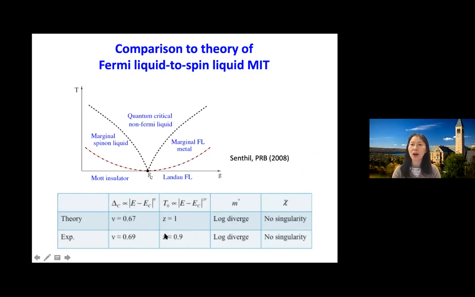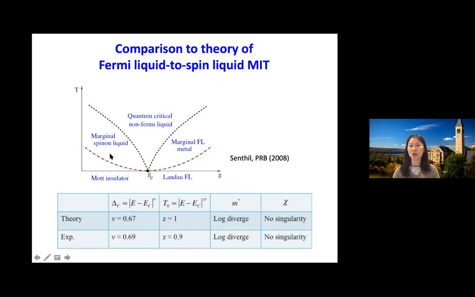We try to compare our result to some theory. Here is a theory from Senthil back in 2008. He considered a continuous metal-insulator transition from a Fermi liquid to a spin liquid, so it's a paramagnetic Mott insulator.